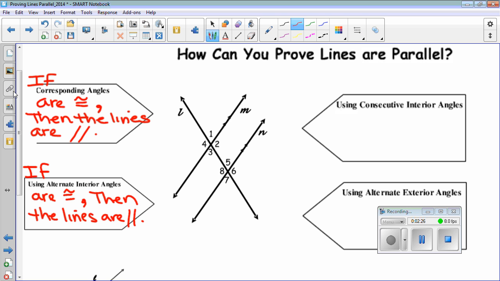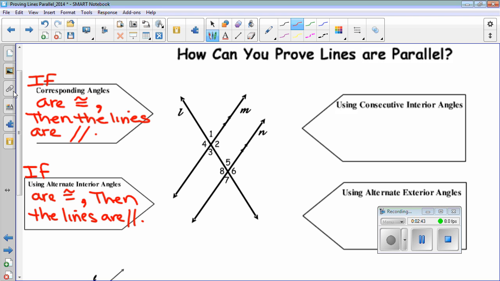It's important that you write it as an if-then statement. And every single one of these will have then the lines are parallel. What follows the if might be a little bit different. So if this is true, then the lines are parallel. If that's true, then the lines are parallel.